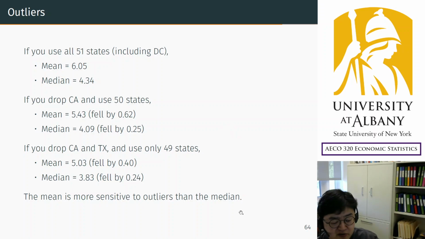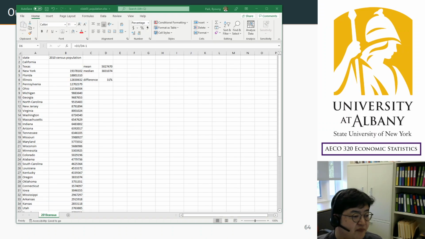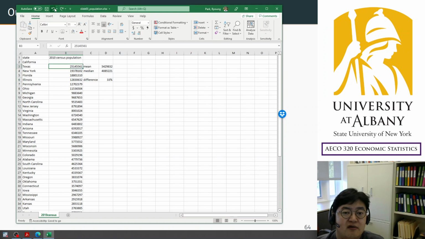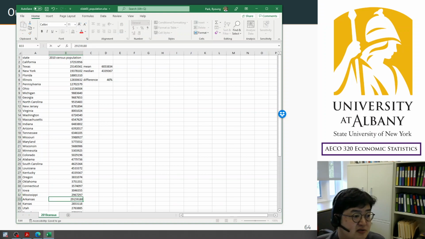Another example is, suppose that by mistake you put in another zero. For example, in a state like Arkansas, I entered another zero here. And then the difference increases because this state becomes an outlier, right?